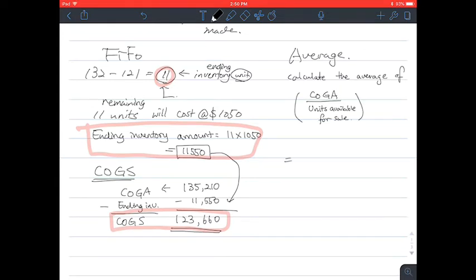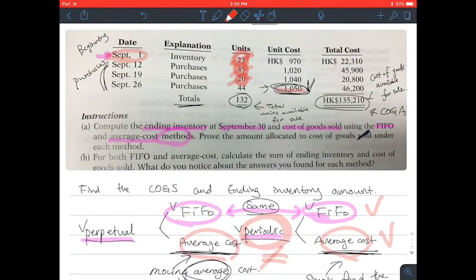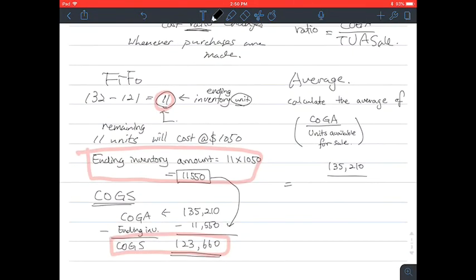So if we do this, we take the number and divide it by how many? 132. So this will give us the ratio of approximately $1,024.32. Okay, and we're going to use this ratio to find the ending inventory.